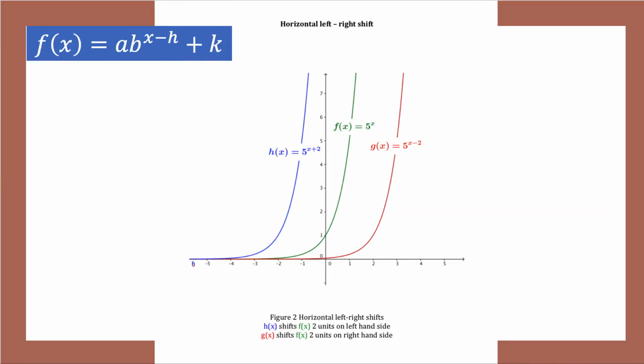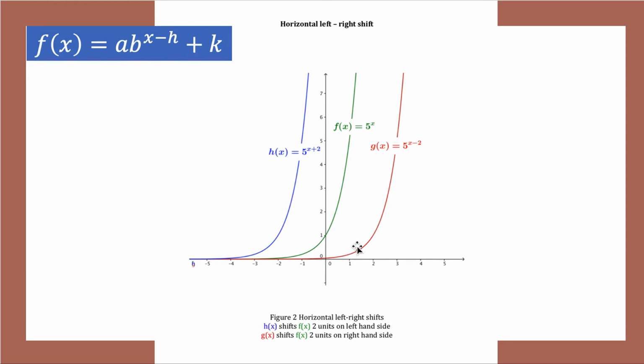Now let's see the horizontal shift, left and right shift, or horizontal translation. Horizontal translation means that h exists and is different from 0, so it is any real number but different from 0. For instance, the parent function is f of x equal to 5 to the exponent x.